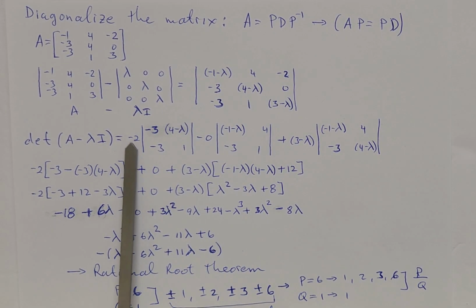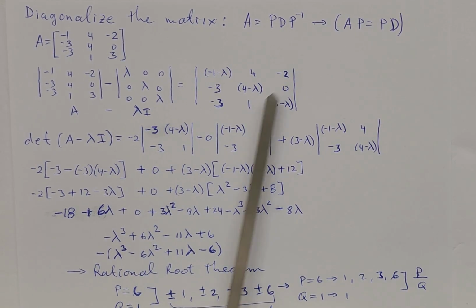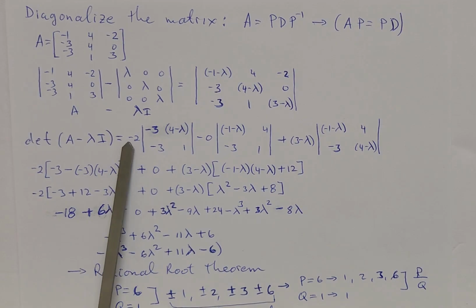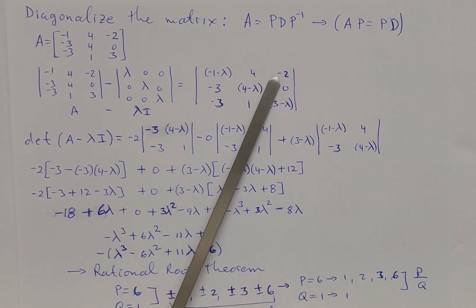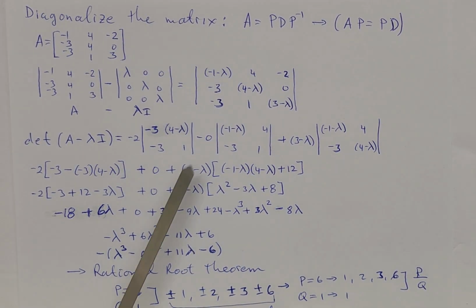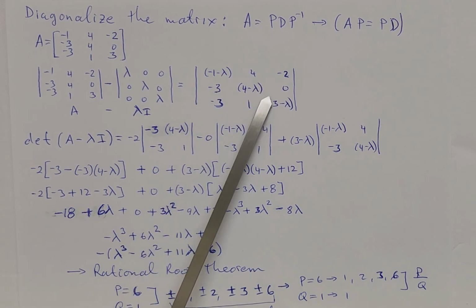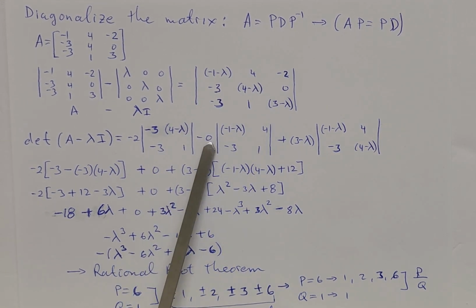So I'm going to use -2. Again, the first one is always a plus, always a plus. So -2, all right? So plus, as you can see, plus, minus, plus, okay? So -2, using this column and this row, all you have left is just this part here. And then next, -0.